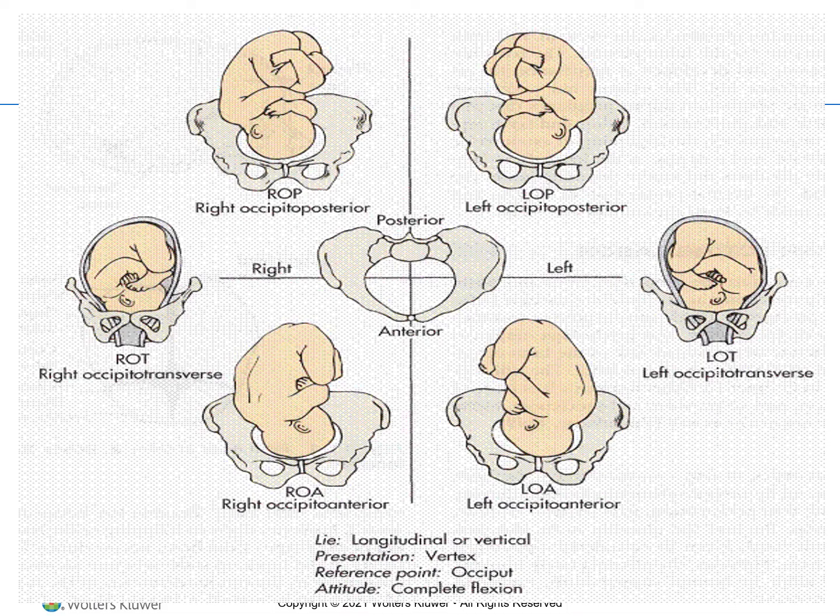So this is a really cool picture that kind of explains those letters, and you can see how these different positions can cause problems going through that maternal pelvis.